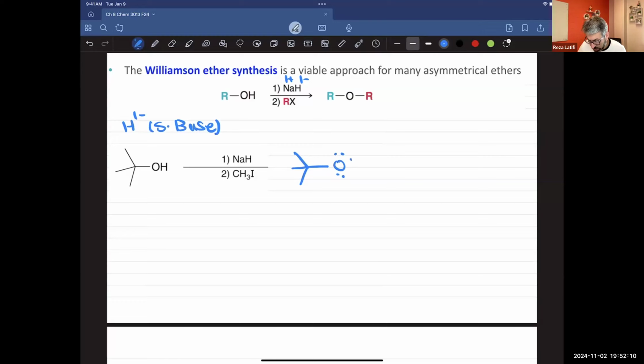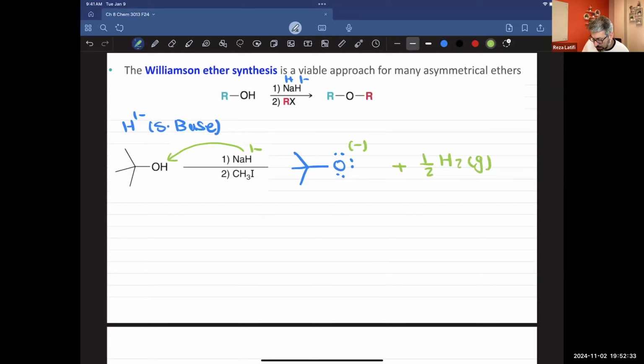The alcohol will behave as an acid. It will technically give H to the hydride, and the hydride with a negative charge will take that H. And so we get the alkoxide with a negative charge plus half a mole of hydrogen gas.